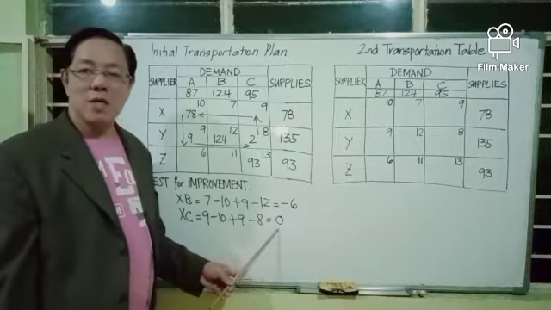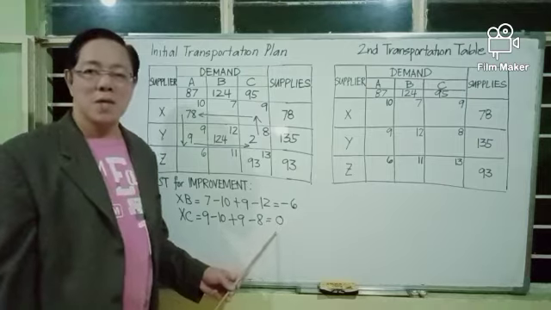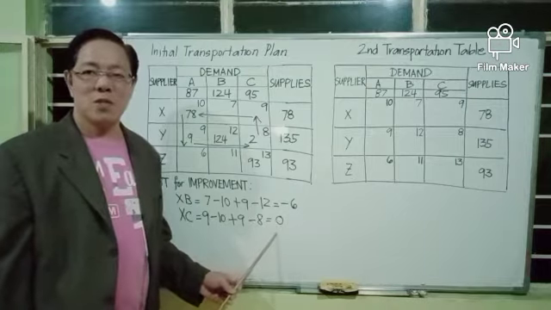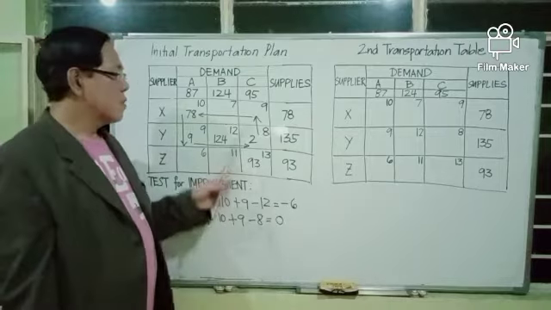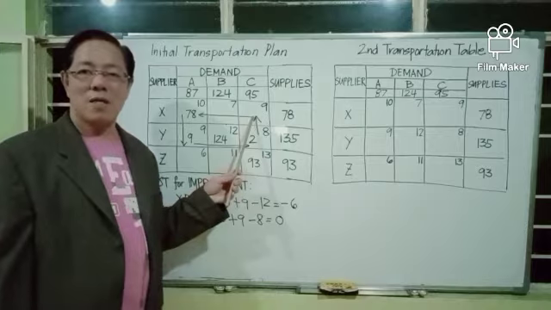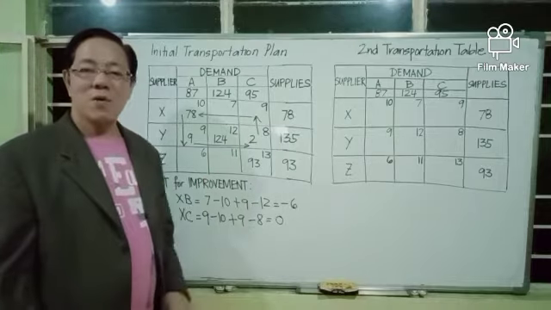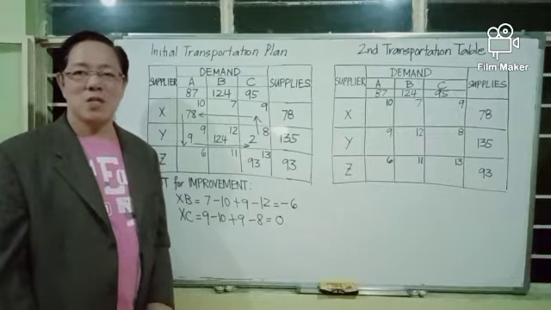There is no decrease in the total transportation cost, and there is no increase in the total transportation cost. Thus, with a net cell cost of 0, whether you move some units into this vacant cell or not, there is no change in the total transportation cost.